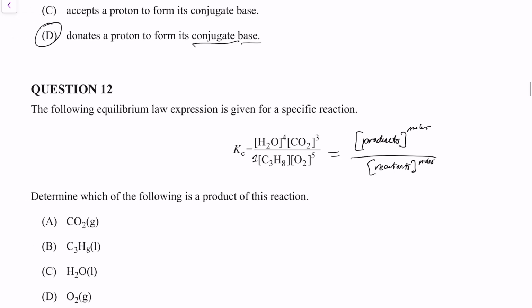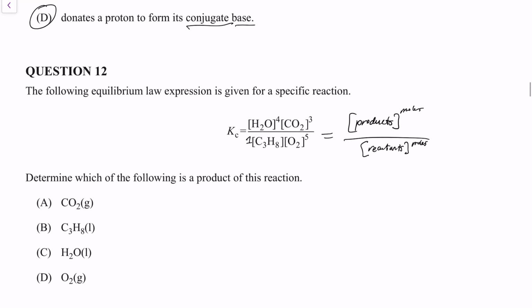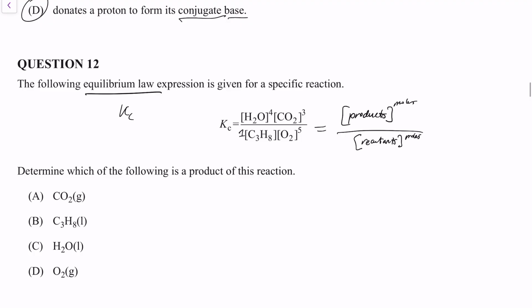And so we can easily say that it's either H2O or CO2. But remember that when we're talking about Kc values for the equilibrium law, we only consider gaseous states, which is lowercase g, and aqueous states, which is aq.